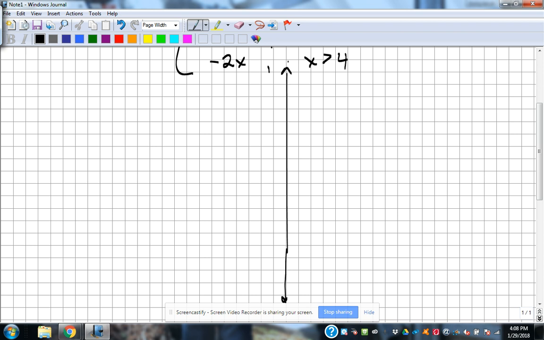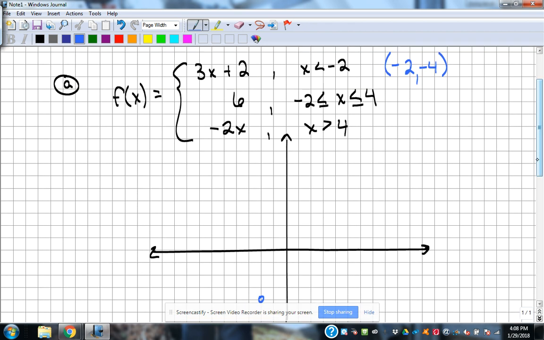So x-axis, and at the point -2, -4, I'm going to put an open circle there because that is a less than symbol. It's not equal to. So that means that's an open circle on the graph. So it's a hole on the graph.